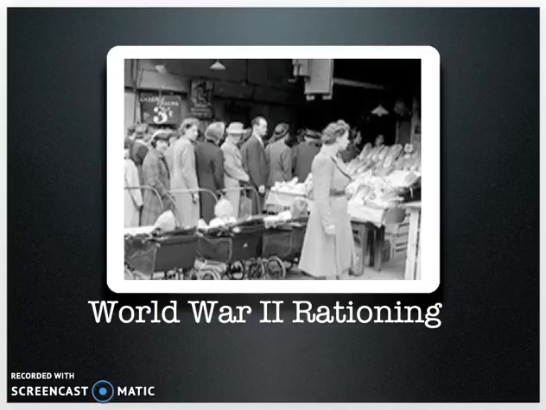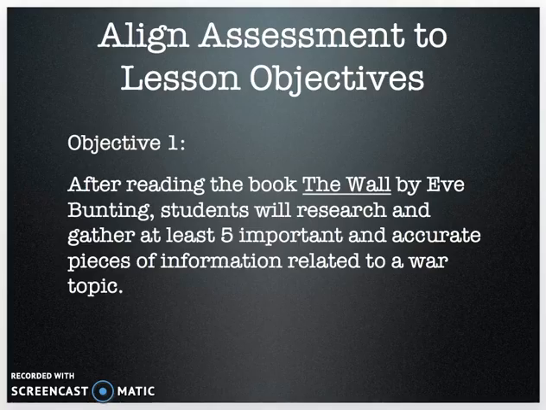It's still about finding the best way to really communicate to students how well they did on that assignment. And in order to do that, you really have to go back to your lesson objectives.